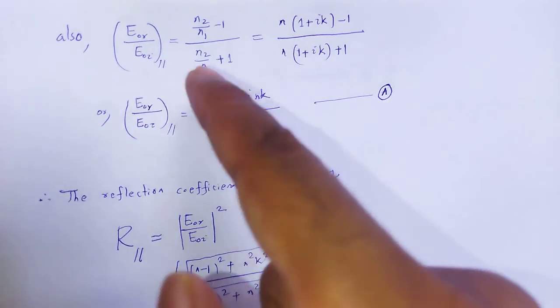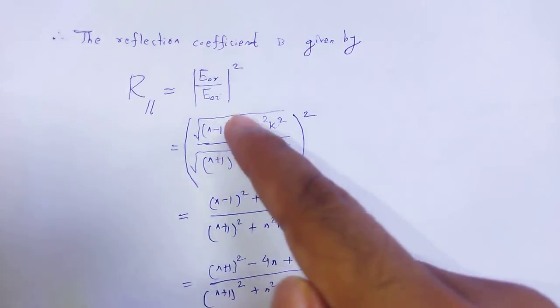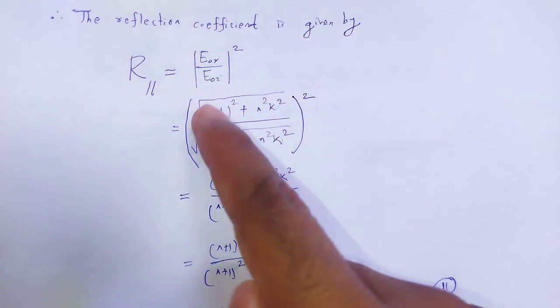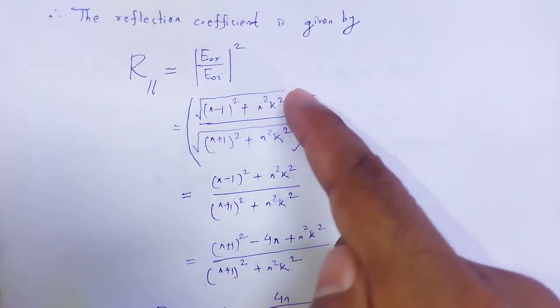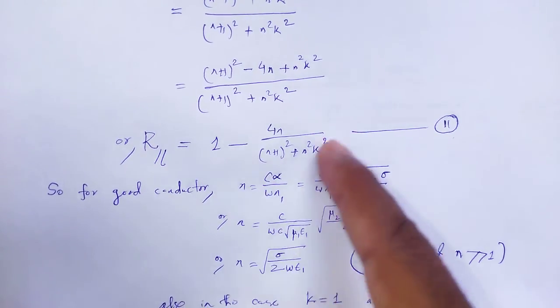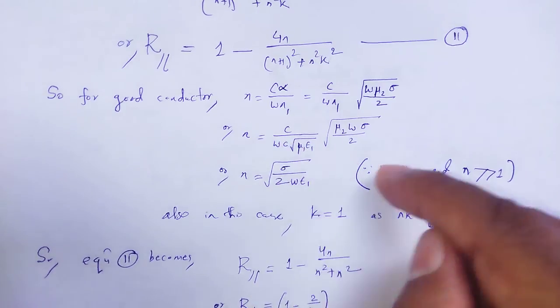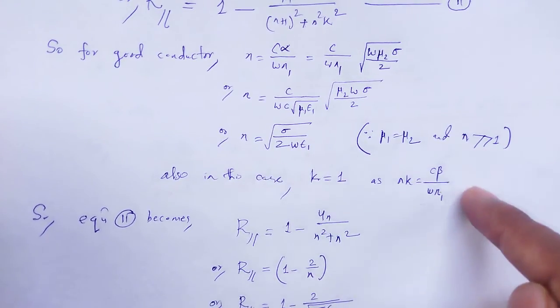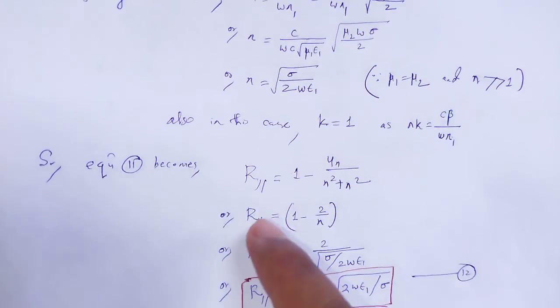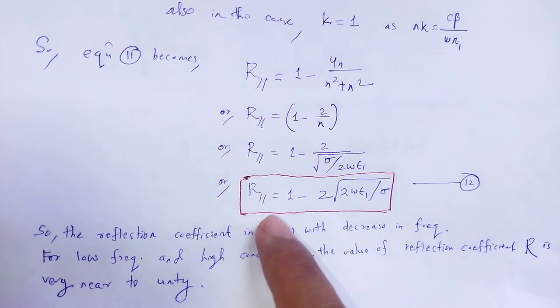To calculate it, first we simplify and put that value, its magnitude, square of real part and square of imaginary part under root whole square, and the reflection coefficient expression for good conductor situation, with n value, k as 1. The values are put here and we obtain the expression for reflection coefficient.